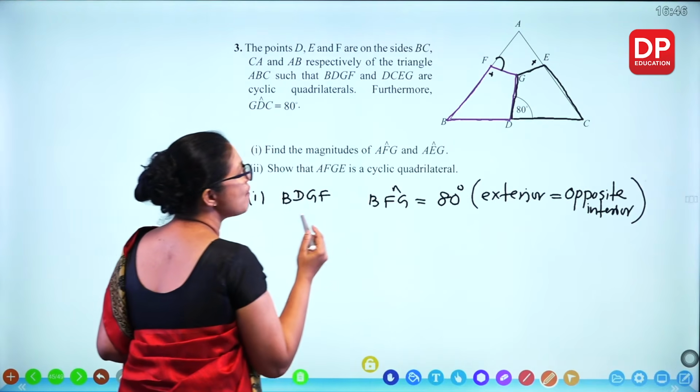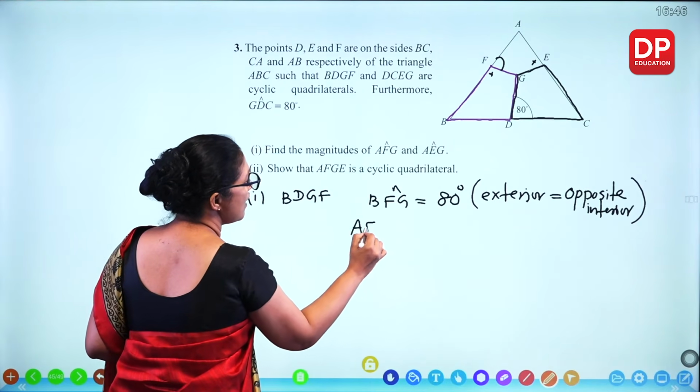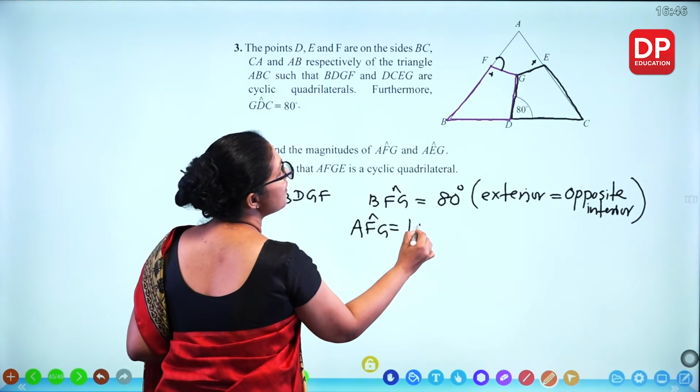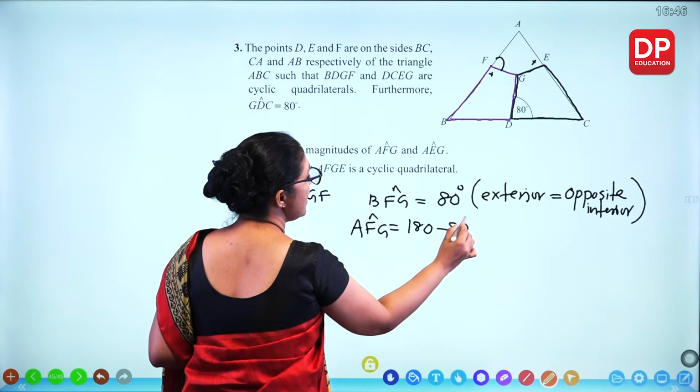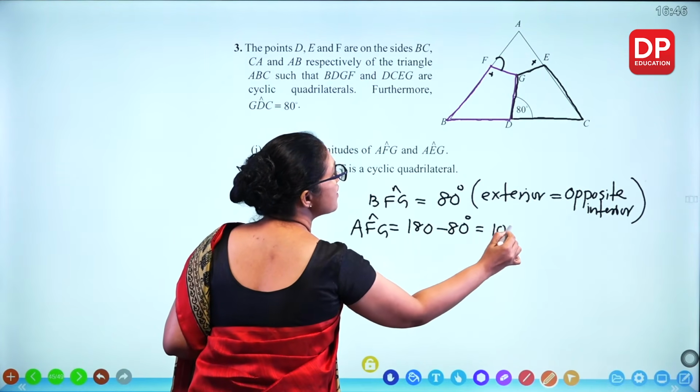Then what is AFG angle? AFG angle is 180 minus 80, that's 100 degrees.